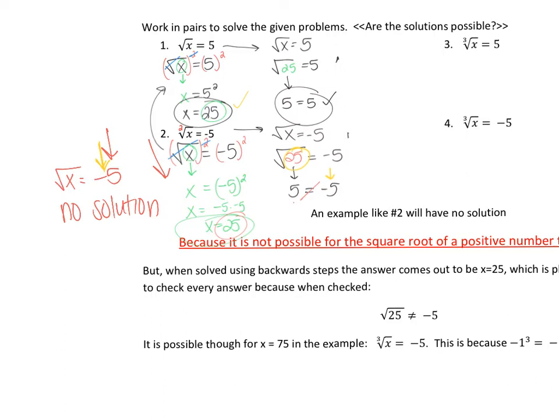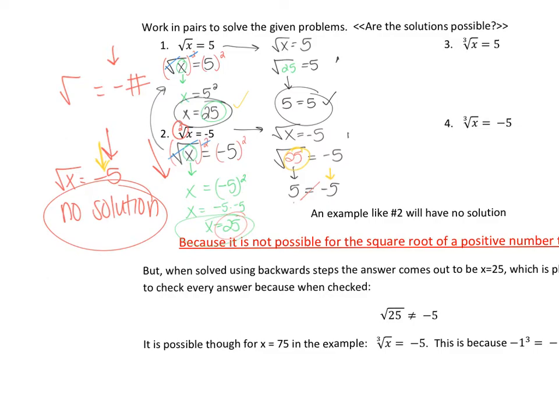So 2, 4, 6, 8. Only when it's an even power. We're not going to go up to 4, we're only going to be sticking with 2 and 3, so you don't have to worry about that. So when you have a radical and then a negative number, we automatically know it's no solution. You do not have to do any work to know that.